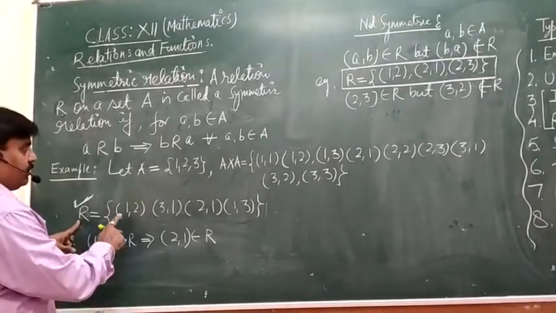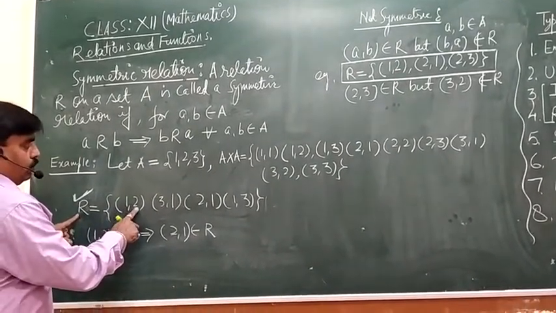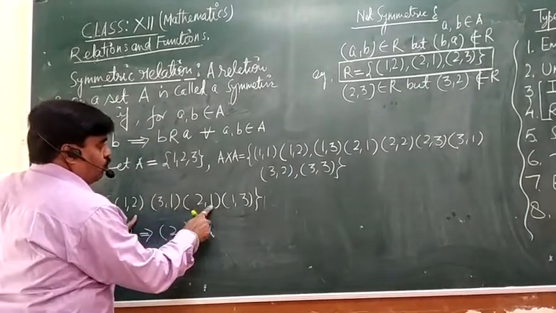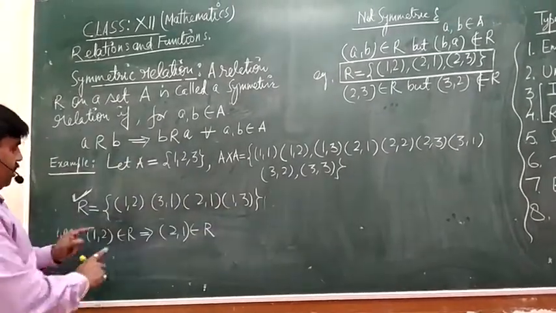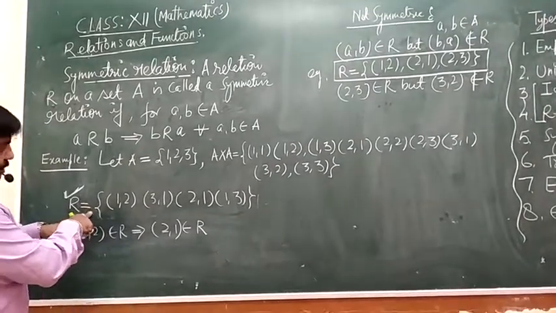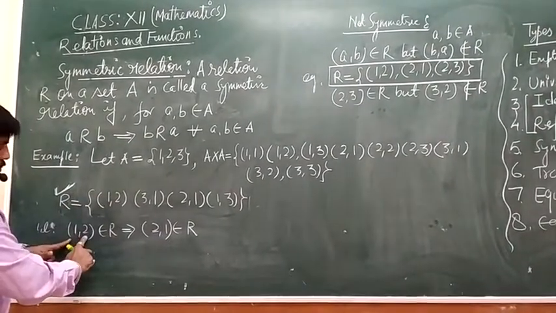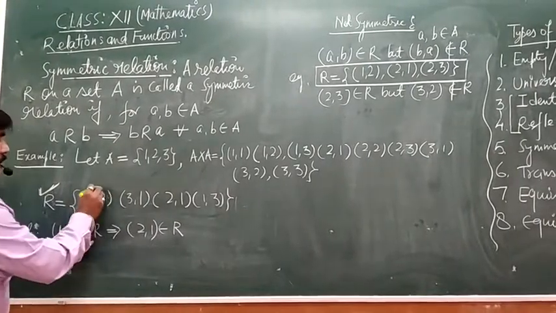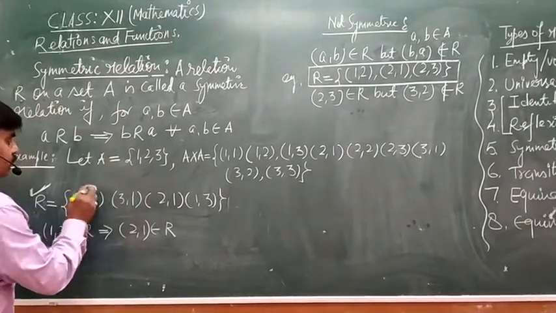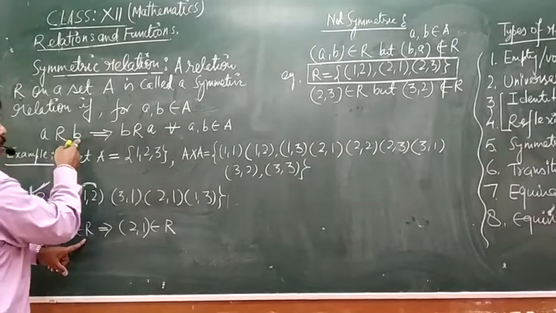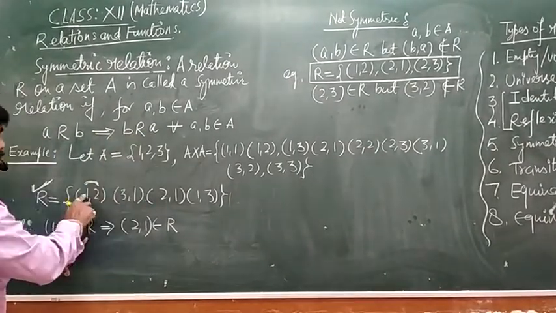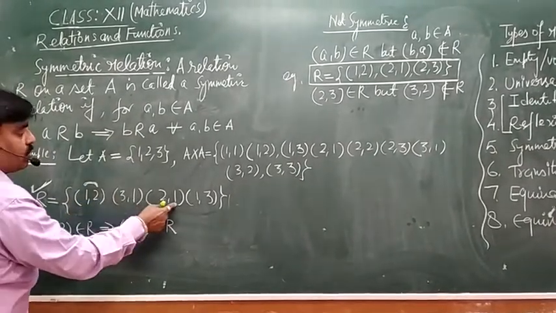See, this is given: 1, 2, 3, 1, 2, 1, 1, 3, 3. This relation is symmetric. See how 1 is related with 2: (1, 2) belongs to R. If we interchange this, (a, b) to (b, a), then if 1 has a relation with 2, 2 must also have a relation with 1.